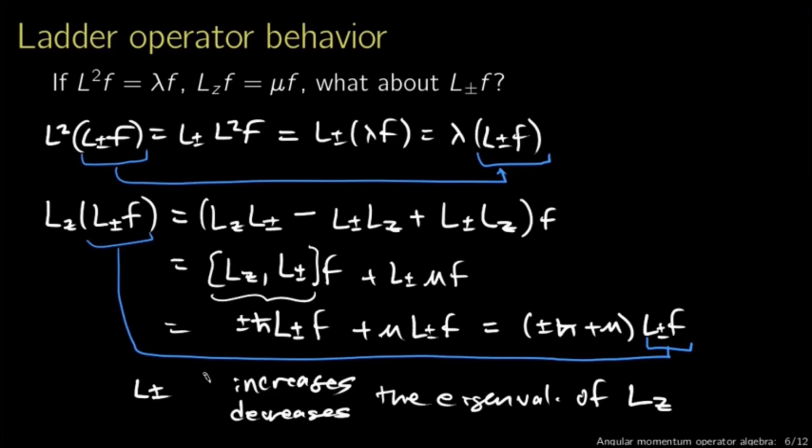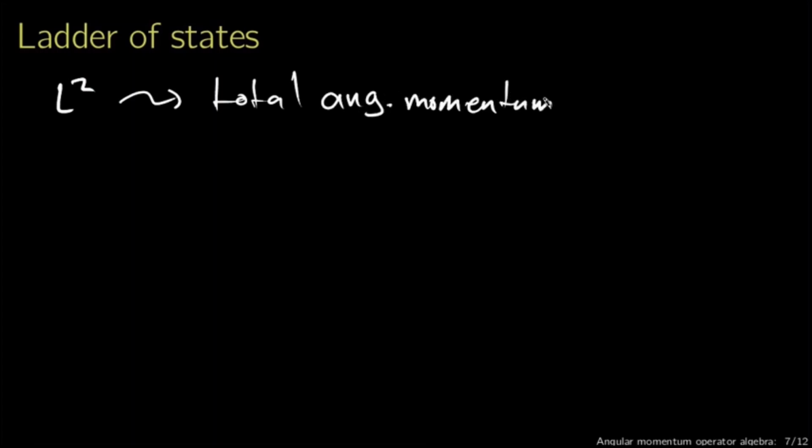What this means is that we have a ladder of states. L squared, that's sort of like the total angular momentum. Lz, that's the z component.